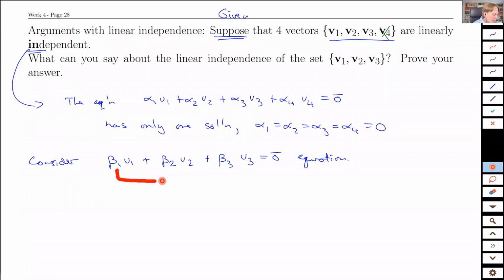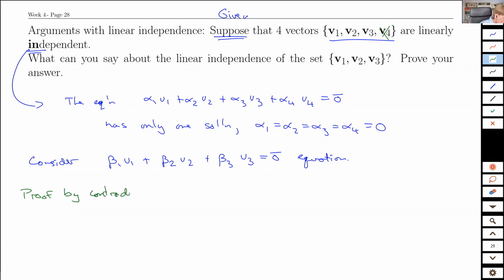What we're looking for is whether there might be non-zero values that solve this equation but didn't satisfy the other one. So this is going to be what is called a proof by contradiction. We're going to end up getting to a point where if I assume what I'm going to assume right now, it leads to something that I know is not true. So proof by contradiction here.